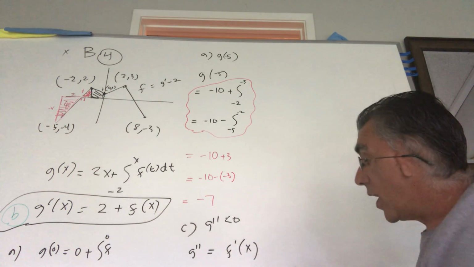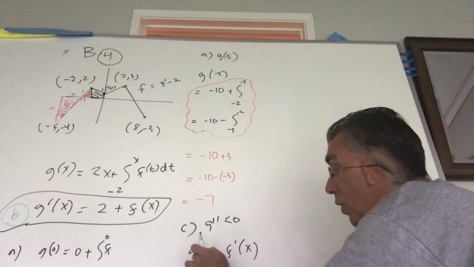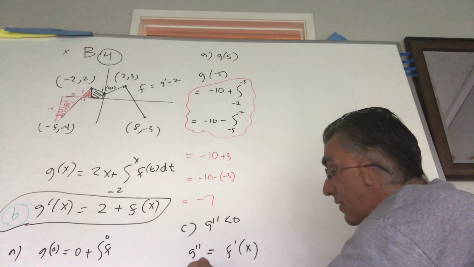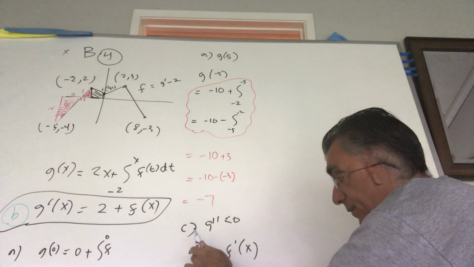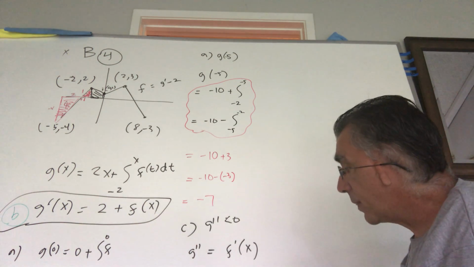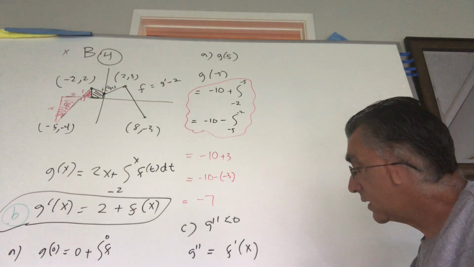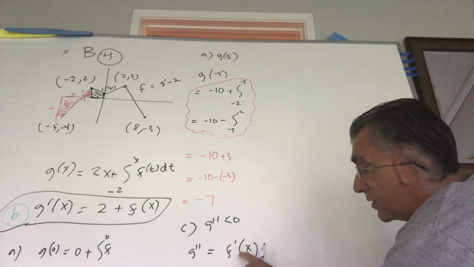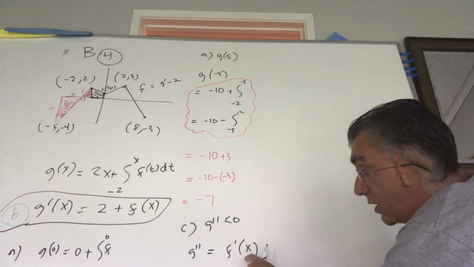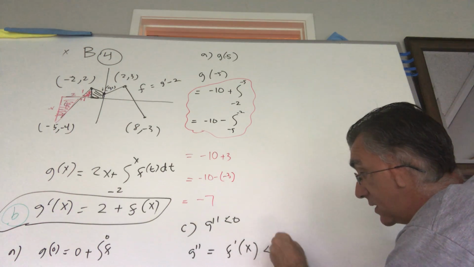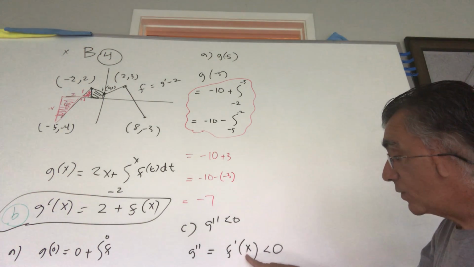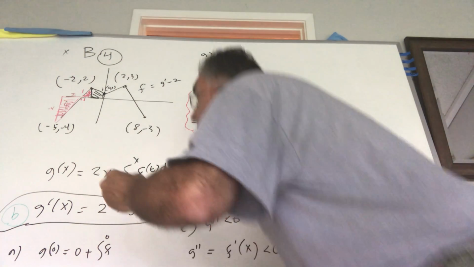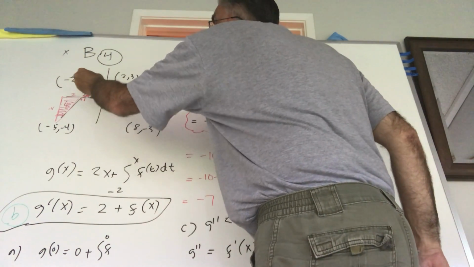So when is G going to be concave down? When the second derivative is negative, or when this first derivative is negative. So when is the derivative negative? When the function is going down. So here and here.